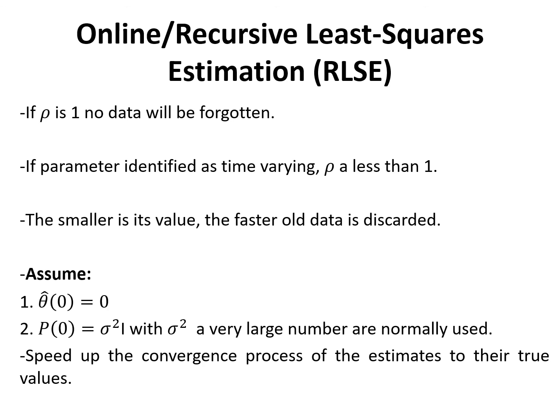P naught equal to 100 times the identity matrix. This will speed up the convergence process of the estimates to their true values. That is the reason why P naught is a very large number.